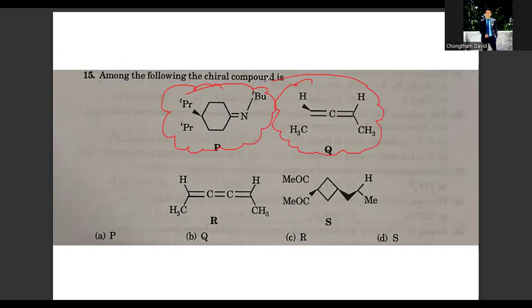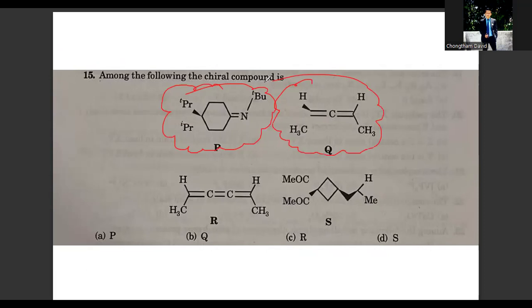And this arrangement around the double bond creates two different possible stereoisomers, which may be either in the E configuration or Z configuration. So one of which can be chiral depending on the spatial arrangement of these substituents.